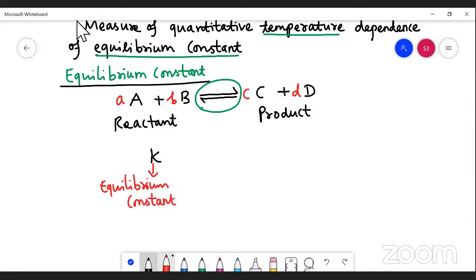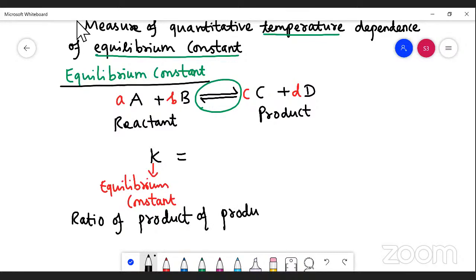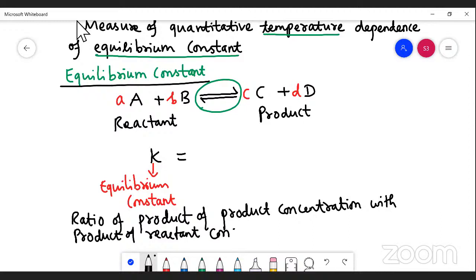Now, how can I represent this equilibrium constant K? It is a measure of the ratio of the product of the concentrations of the products to the product of the reactant concentrations.